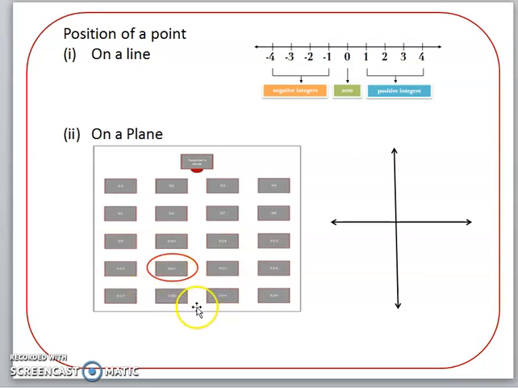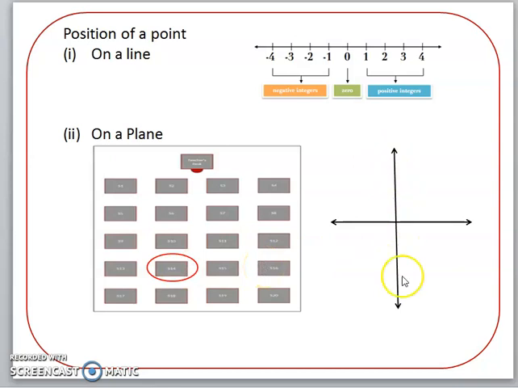So the coordinates change. The position of the student is not changing, but if the point of reference changes, then the position of the student with respect to the point of reference changes. So you also need to define with respect to which point you are describing its position.